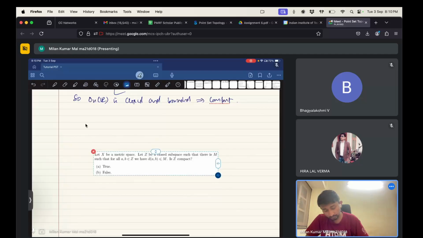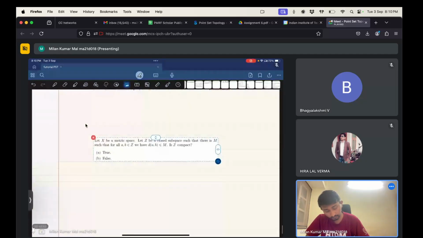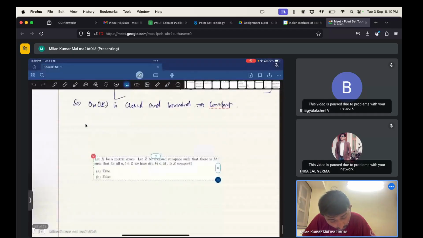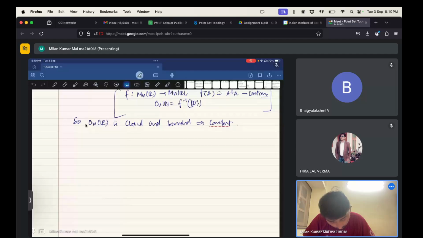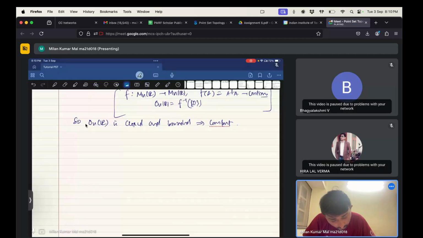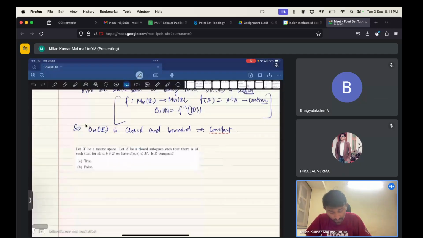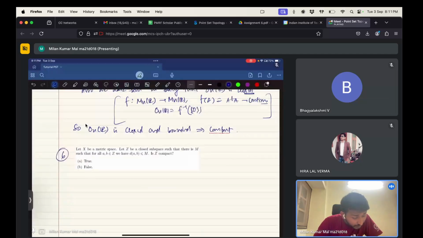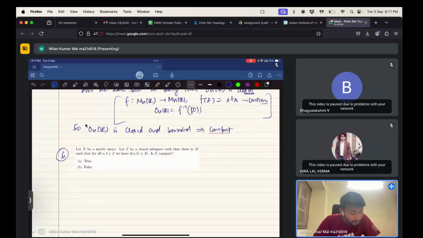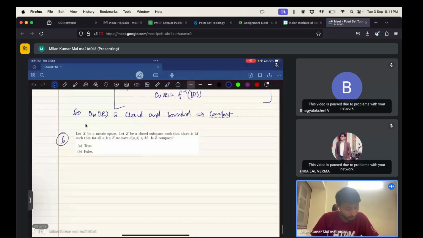This is question number 6, I think. X be a metric space and Z be a closed subspace such that there is an M. That is what I am just saying here. So here it is false.